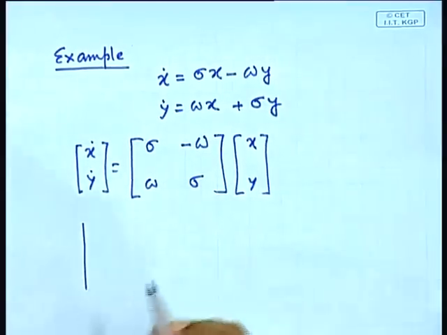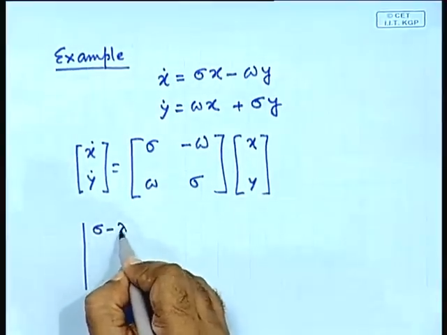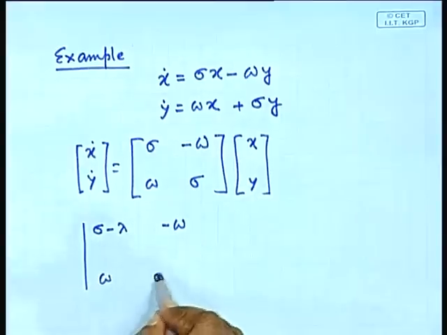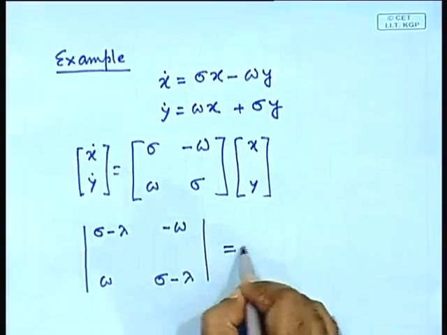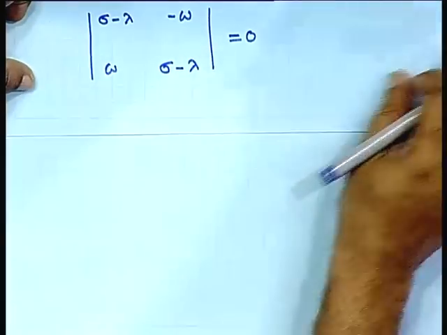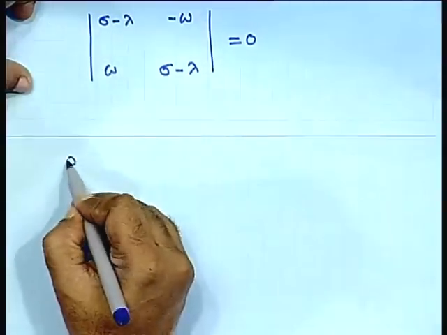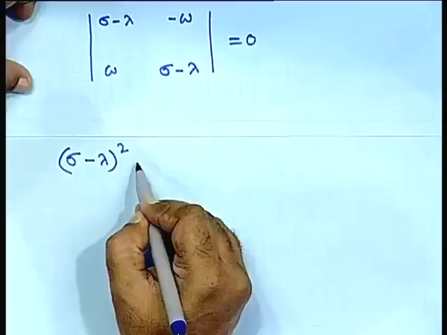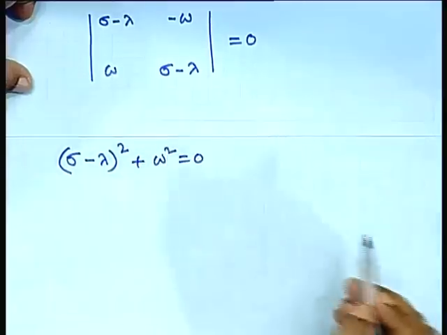It will be obtained from the determinant of sigma minus lambda, minus omega, omega, sigma minus lambda equal to 0, which will give (sigma minus lambda) square plus omega square is equal to 0.